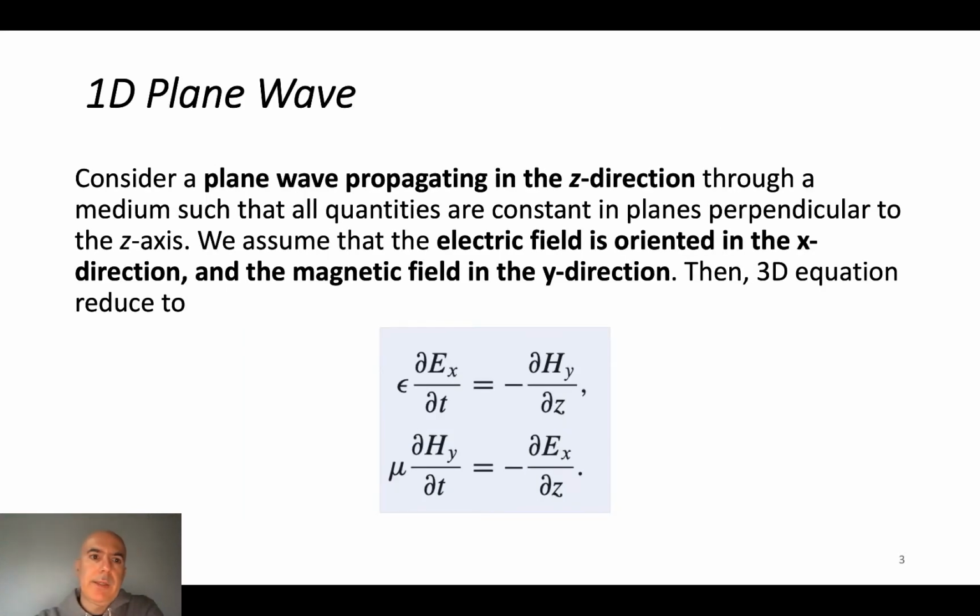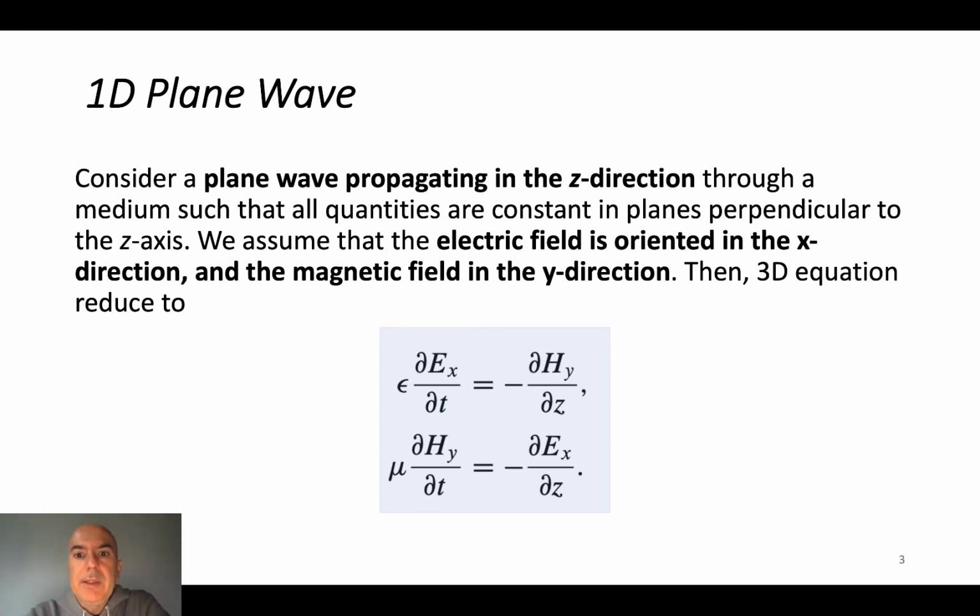So let's look at the propagation in 1D. In this case, we can consider a plane wave propagating in the z direction through a medium such that all the quantities are constant in planes perpendicular to the propagation direction.